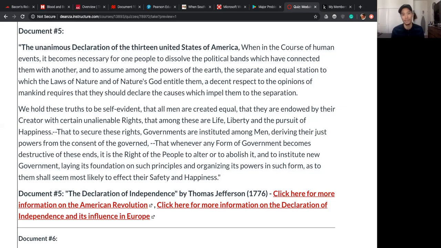Your job is to figure out what those ideas were. And I think if you read document number 5, you can clearly see Thomas Jefferson giving the middle finger to the king and telling him, this is what America is about.